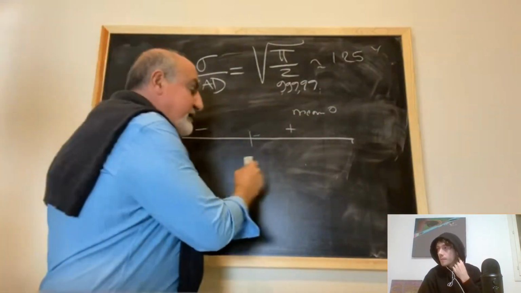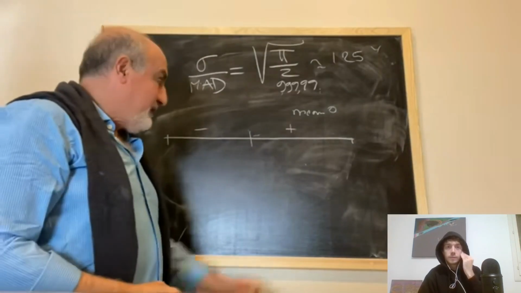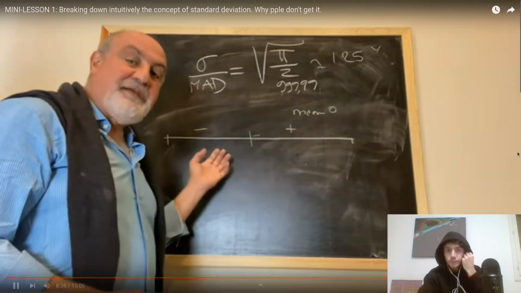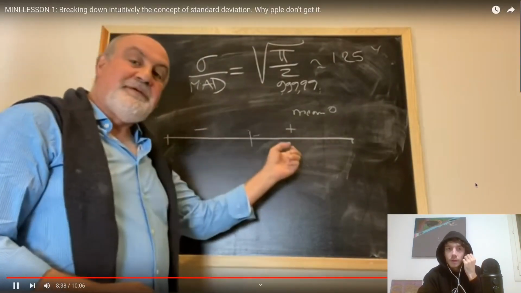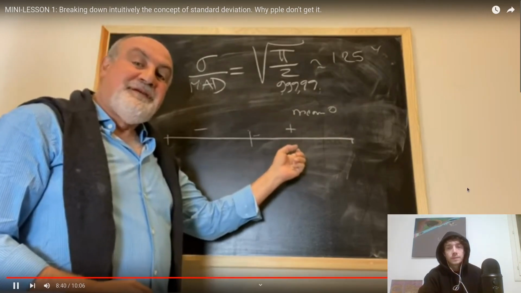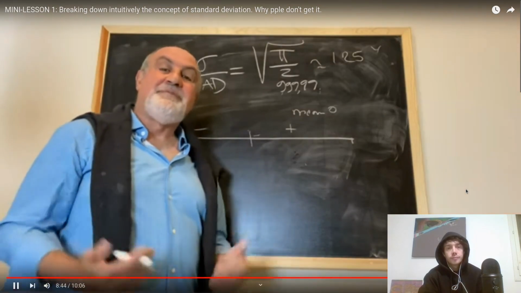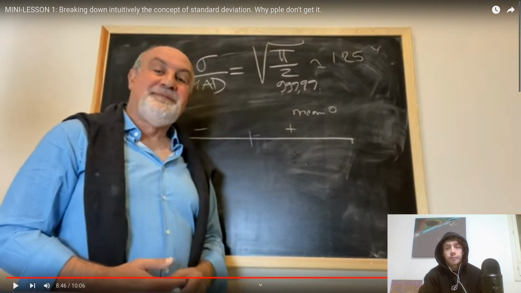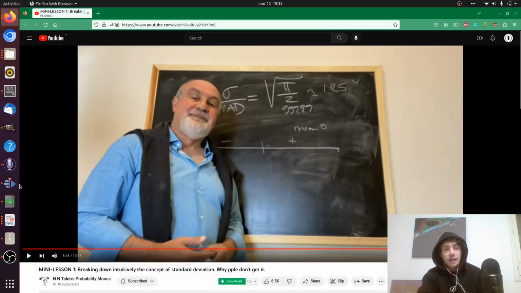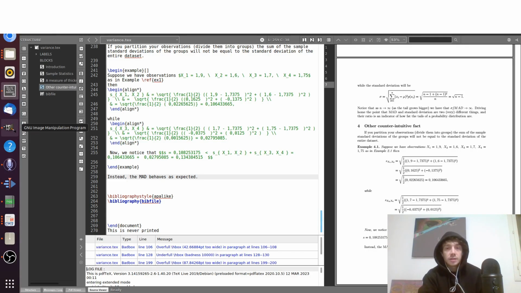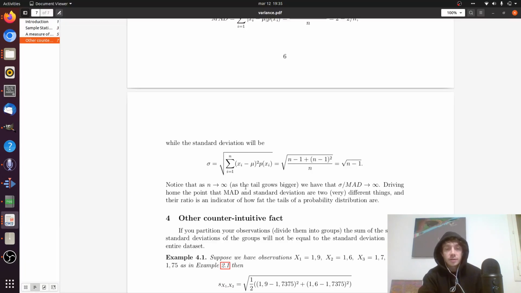And you'll see it's not additive. You're going to have half positive, half negative. The negative standard deviation plus the positive standard deviation will not map to the total. Okay, so this is another counterintuitive fact regarding standard deviation.